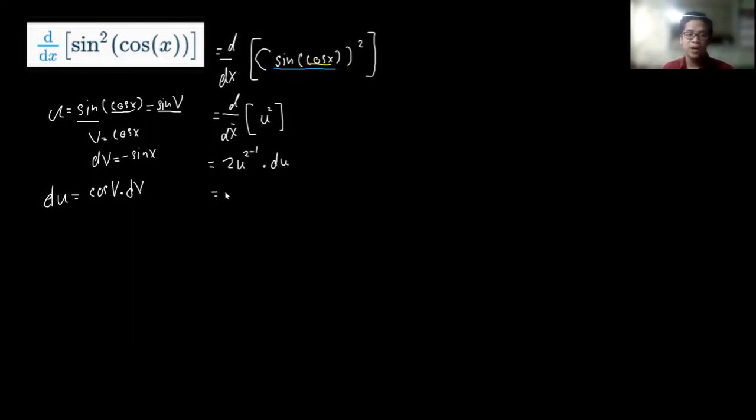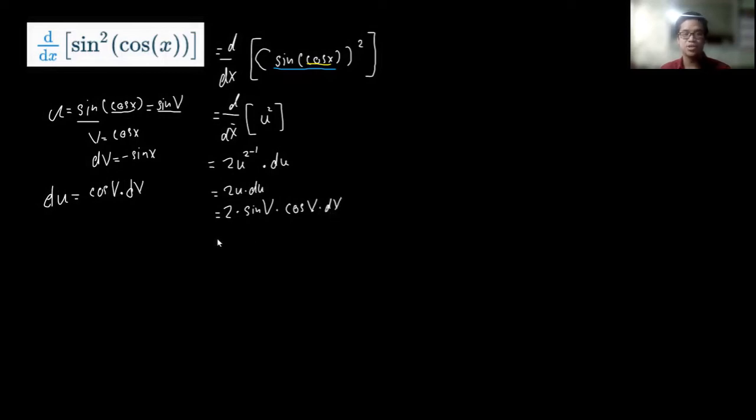So you have 2u times du. Now let's substitute the given letters. So your u here is sine of v, so it's 2 times sine of v times your du, which is cosine v times dv.